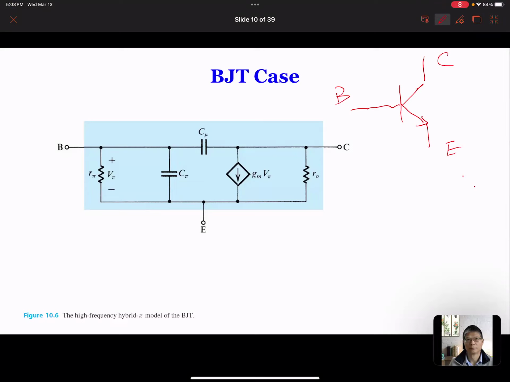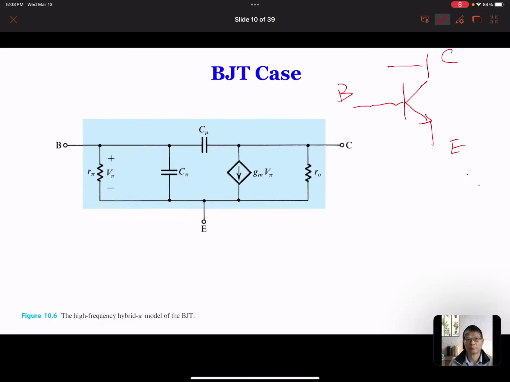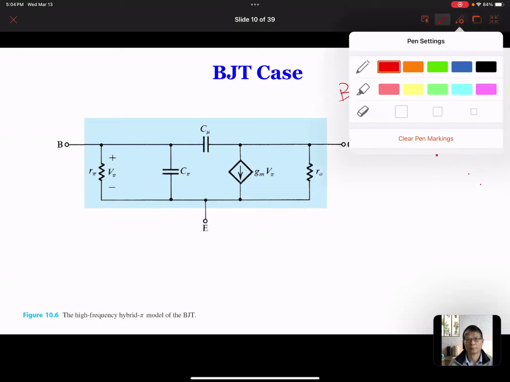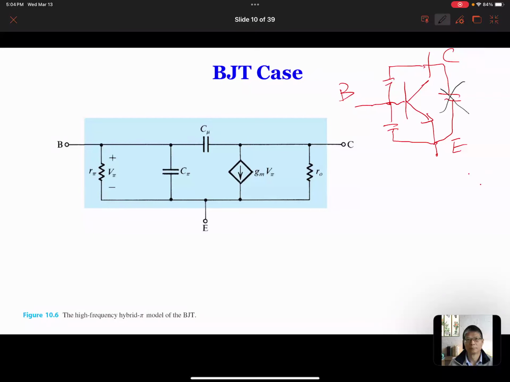Therefore, you can imagine that there will be 3 capacitances: one between base and collector, another between base and the emitter, and another one between collector and emitter. Typically, the one between collector and emitter, just like the MOSFET between drain and source, is very small. So typically, we can basically neglect this one. So now you're left with 2 capacitors only.